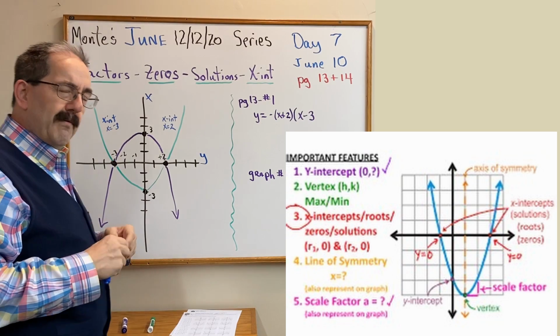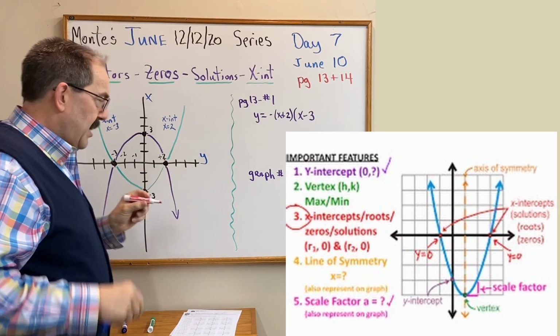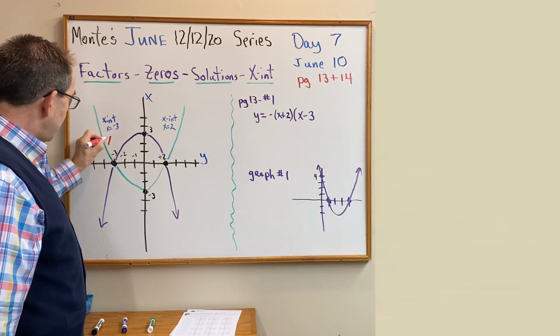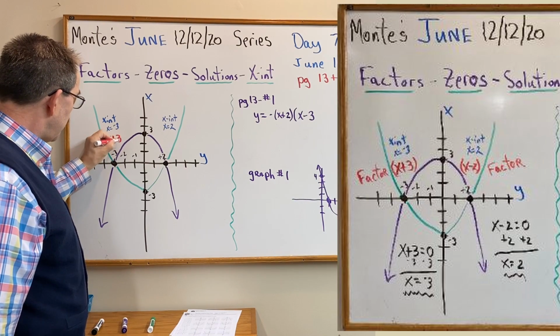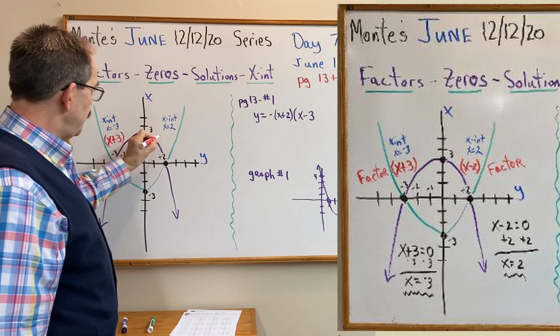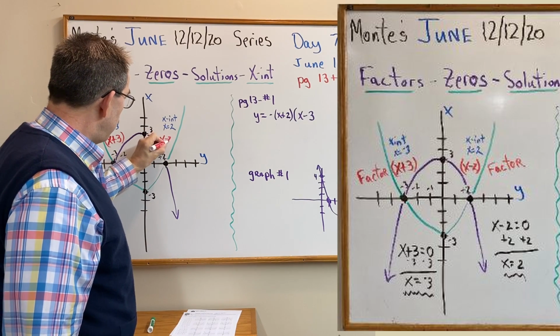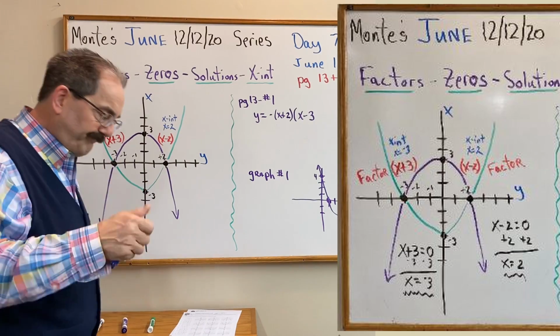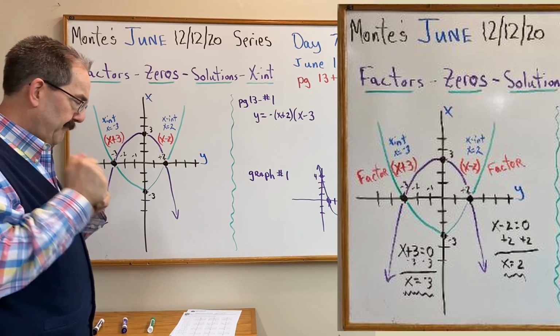We remember from algebra that at -3, we write it x plus 3. At +2, we write it x minus 2. Go ahead and write those down.